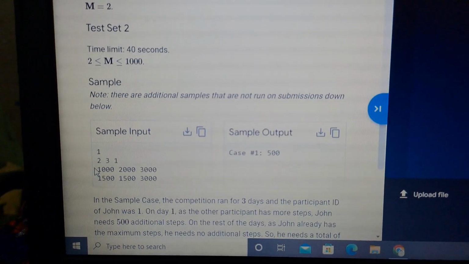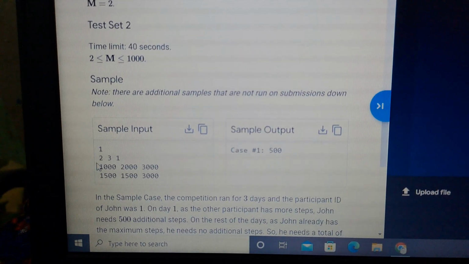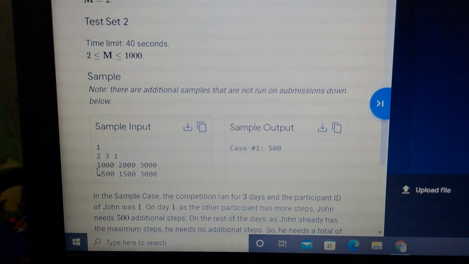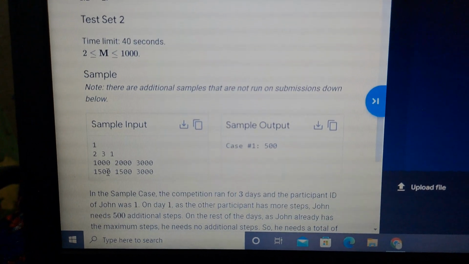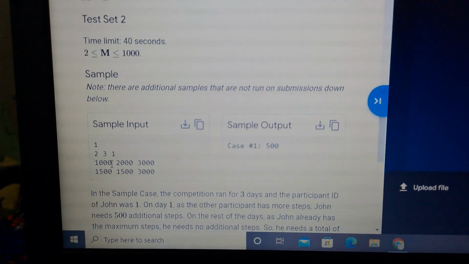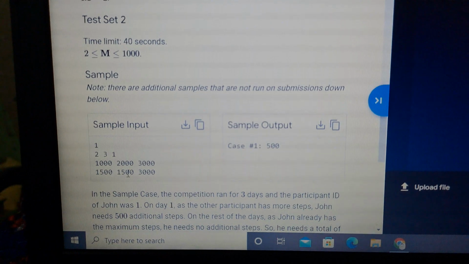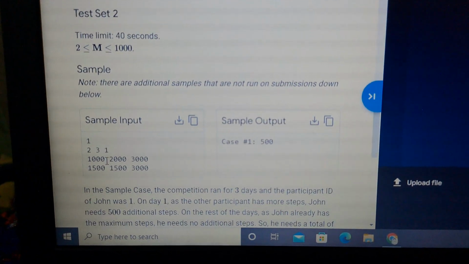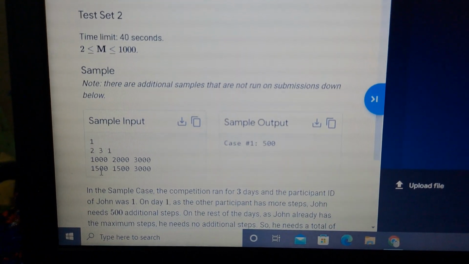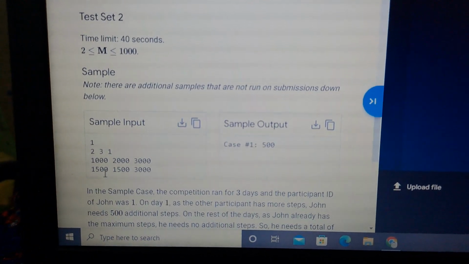Here the first one denotes the ID of John, and this is the scoreboard of October. First is the participant John, and second is the second participant. The first day's scores are 1000 for John, and the second participant's score is 1500 steps.